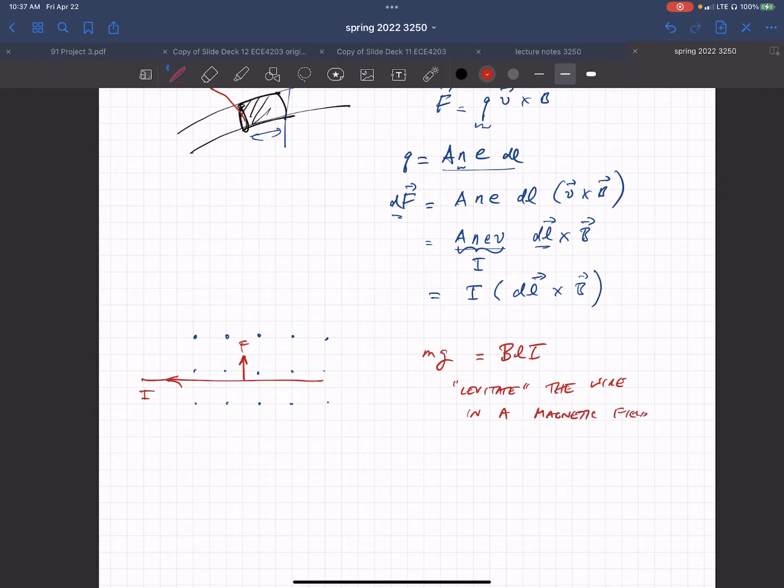Because B is coming out of the screen and the current is going in that direction, so that's where the dl is pointing. With the right-hand rule, the force would be pushing up against the force of gravity. Okay, that's another example.